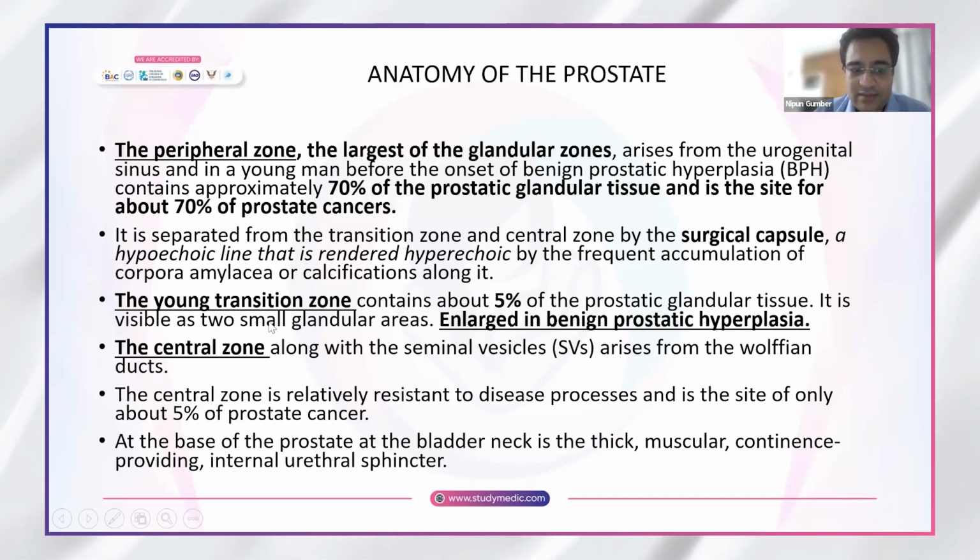It is visible as 2 small glandular areas, and this transition zone enlarges in BPH. So just to summarize, in prostatic cancer the site is the peripheral zone, and in BPH the site is the transition zone. The central zone, along with the seminal vesicles, arises from the Wolffian ducts.